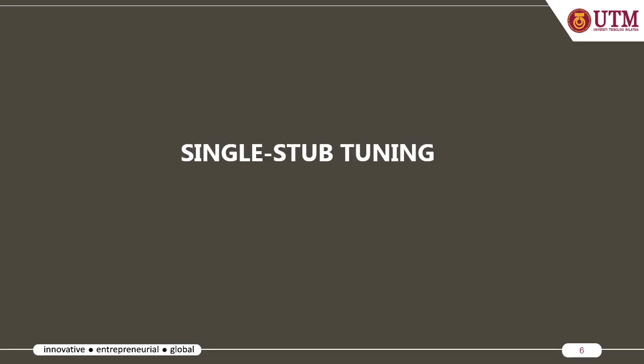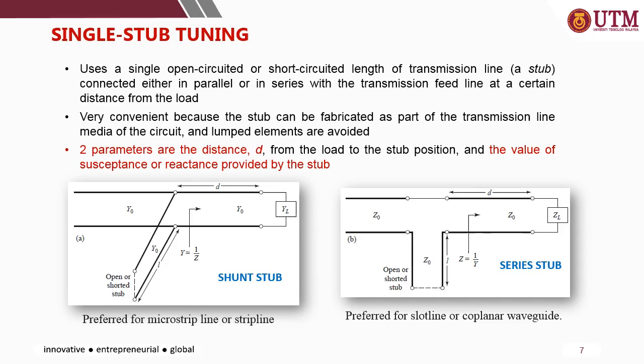Okay, we are going to look at the first technique in impedance matching, which is single-stub tuning. In single-stub tuning, it will use a single open circuit or short circuit length of transmission line, or a stub. From the figure, you'll see that these are the stubs, an additional element included in the system. This is basically the matching network introduced into the system in between the transmission line and the load.